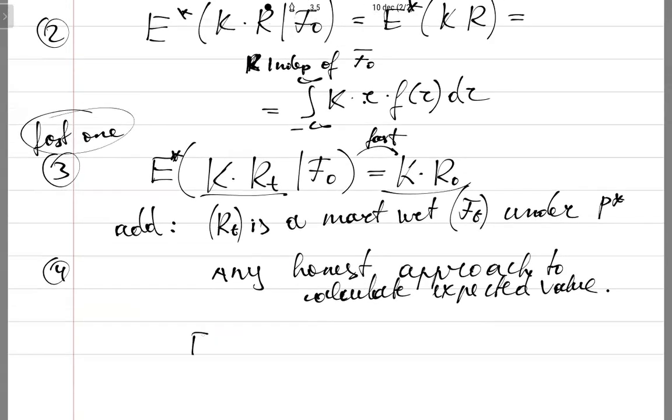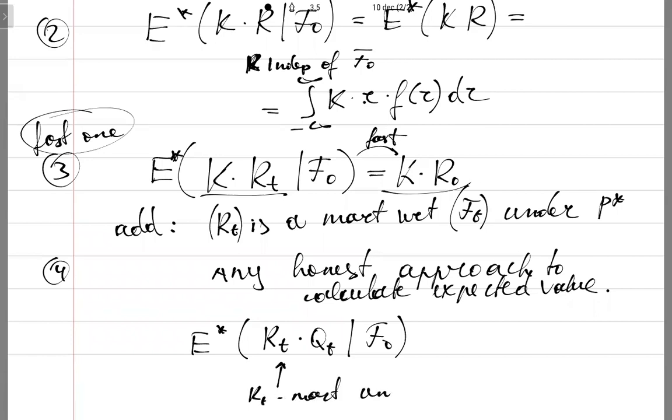Even if you see something like an expected value of RT times some QT given F0, and you know that RT is a martingale under P star, but you have this extra factor, oops, you cannot. If you multiply a martingale by some factor, it may still be a martingale, but it may not be.